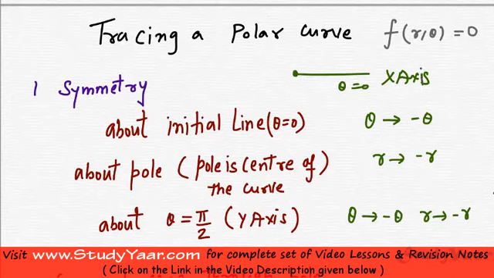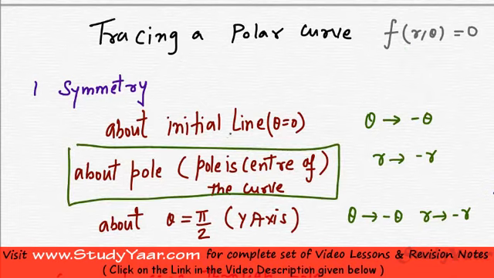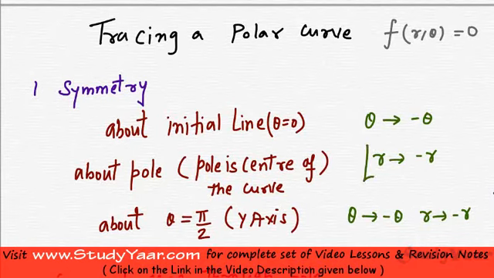So you have symmetry about the x-axis if you replace theta with minus theta and you get back the original equation. Similarly, you have symmetry about the pole if you replace r with minus r and you get back the original equation.